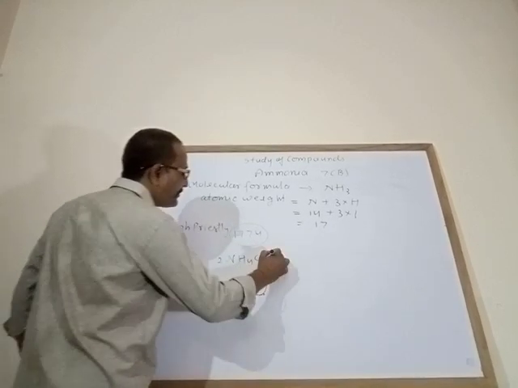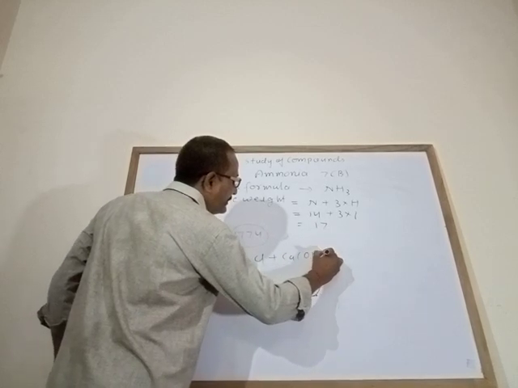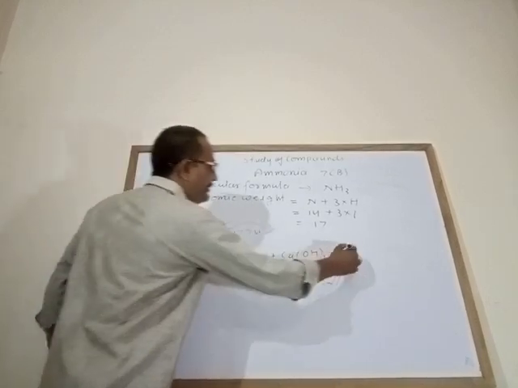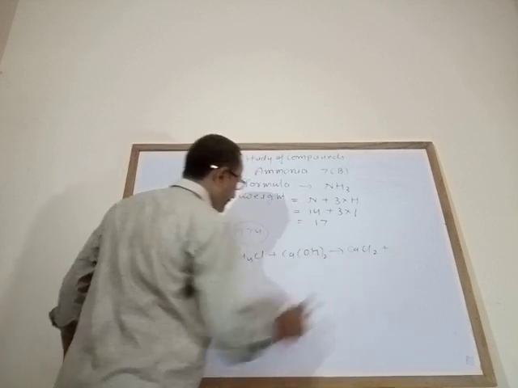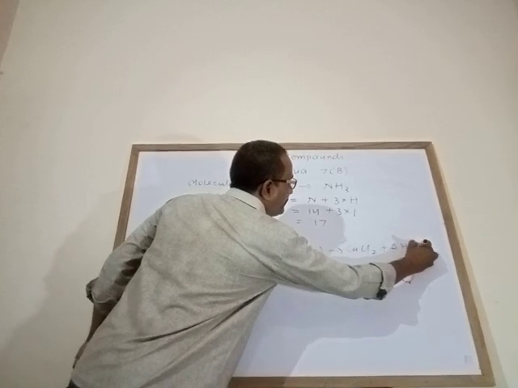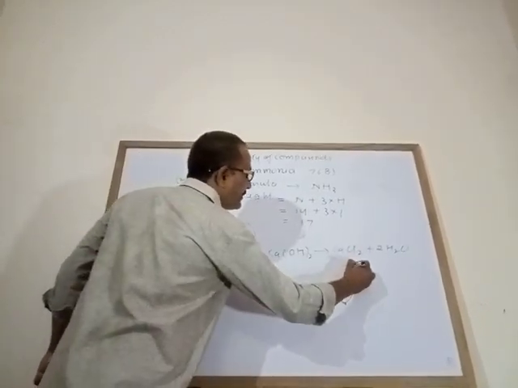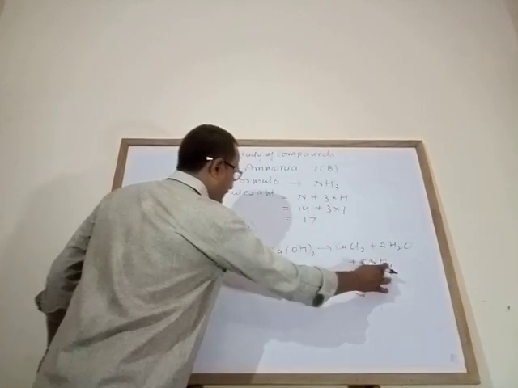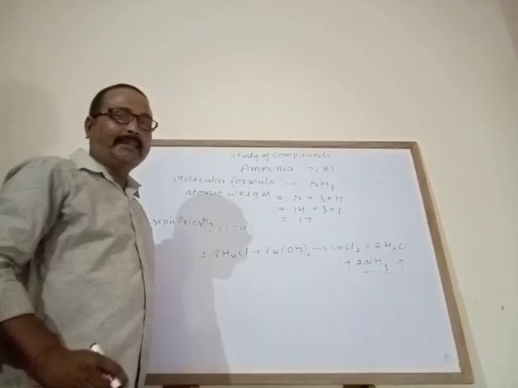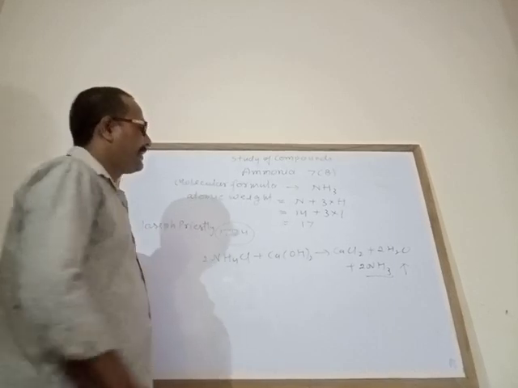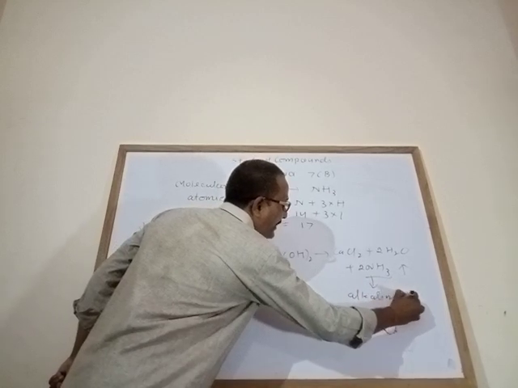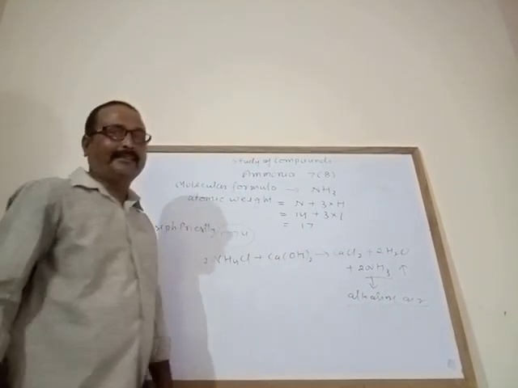Ammonium chloride with calcium hydroxide forms calcium chloride, water and ammonia gas, 2NH3. He prepared it first, but he did not know the name of this gas, so he said that this gas is alkaline air, or alkaline gas.